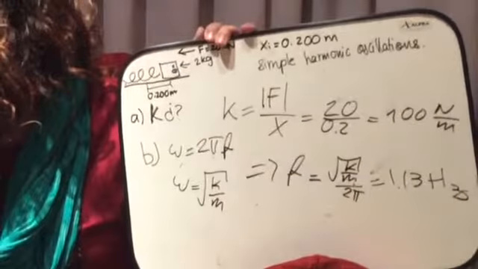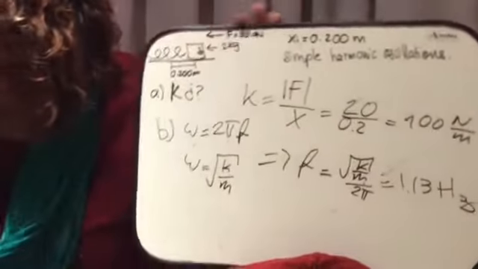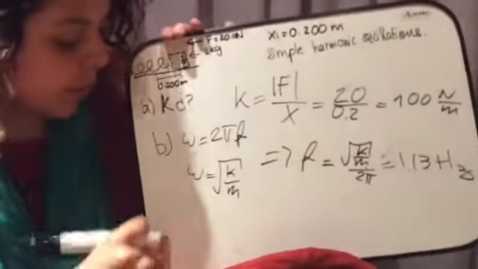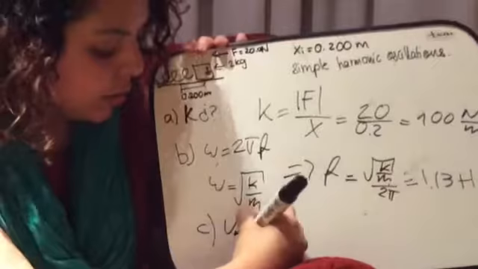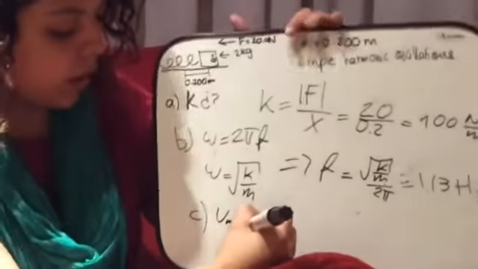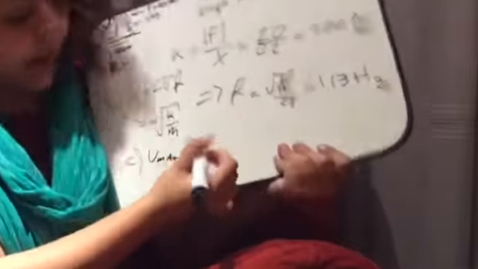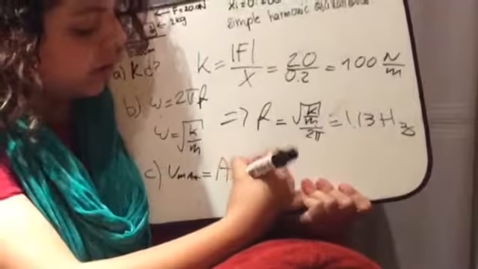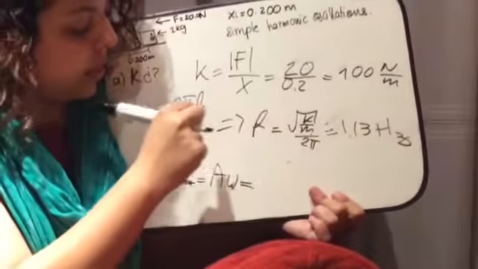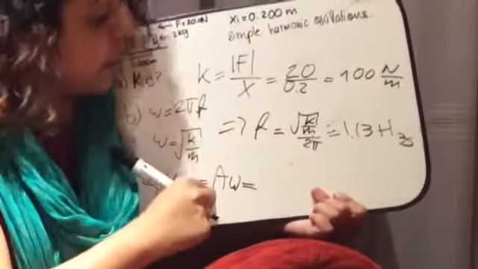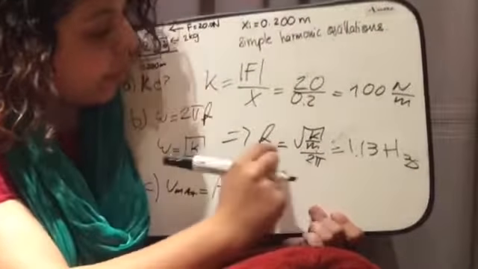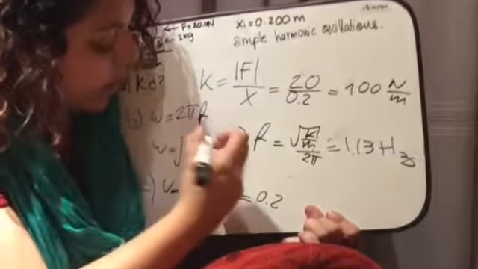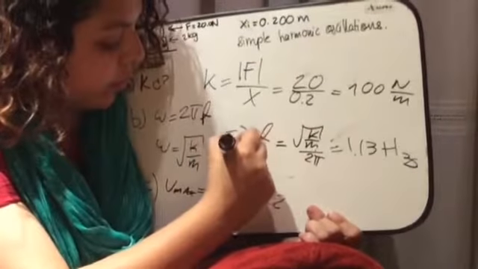Letter C asks for the maximum speed of the object. As we know, for a very simple formula, the maximum speed equals the amplitude times the angular frequency. The amplitude is 0.2 as stated by the problem, and the angular frequency we obtained here is the square root of 50.